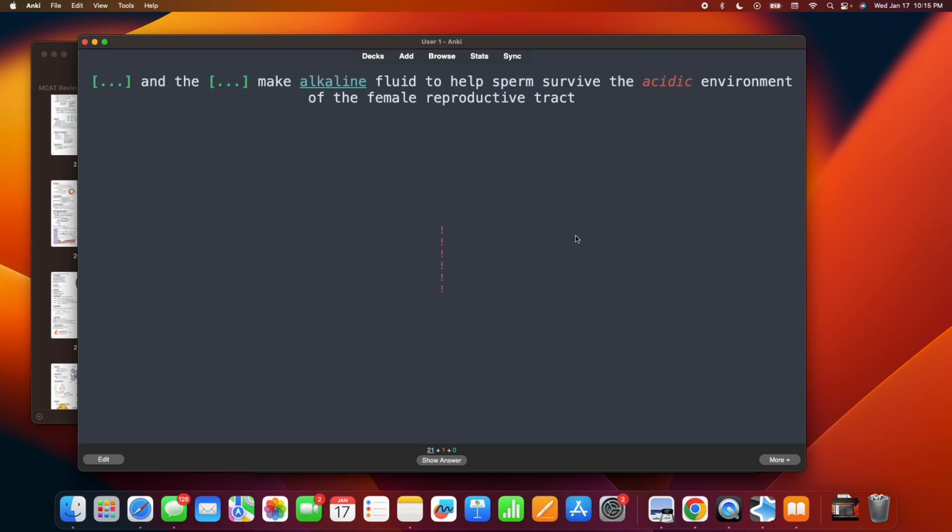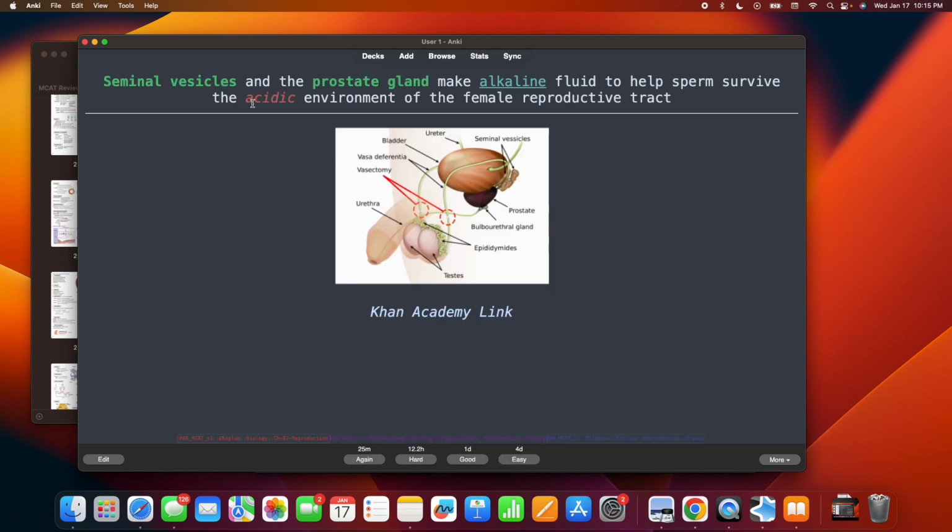What makes alkaline fluid to help sperm survive the acidic environment of the female reproductive tract? So we have the seminiferous tubules, the epididymis, the bulbourethral gland. I think it's the seminal vesicles and prostate gland.